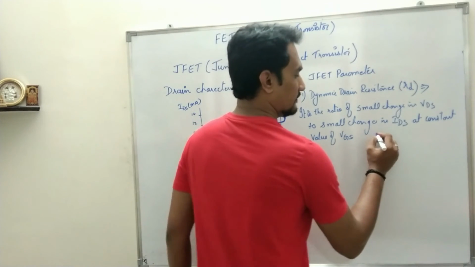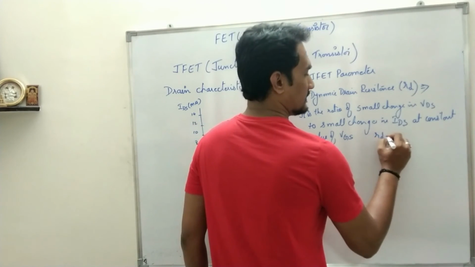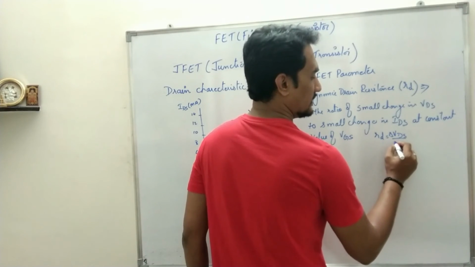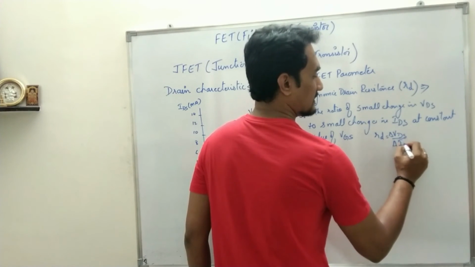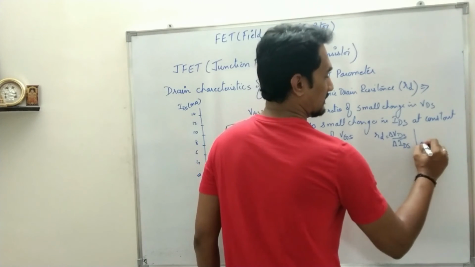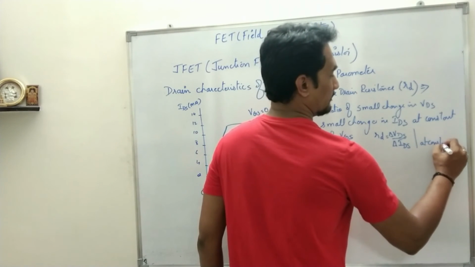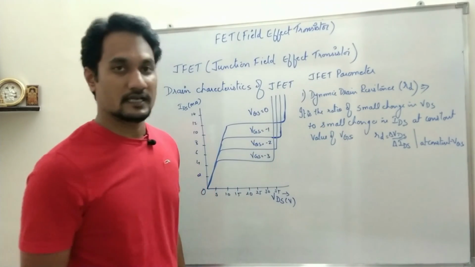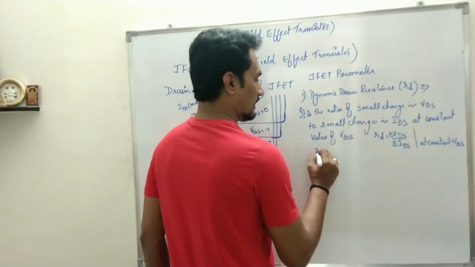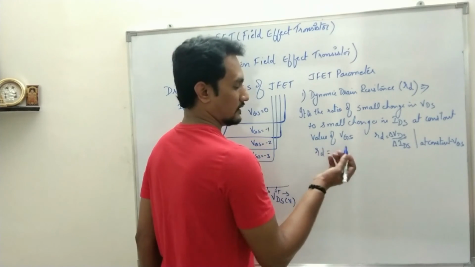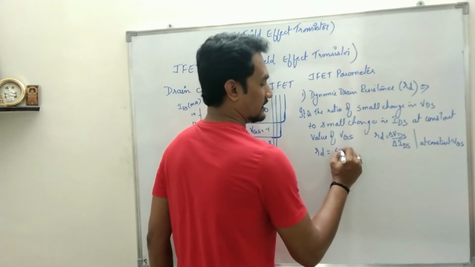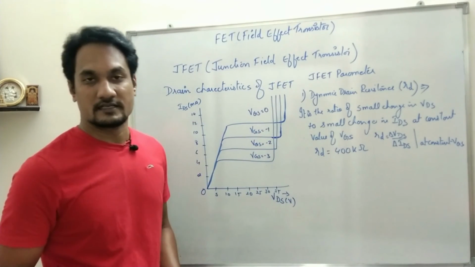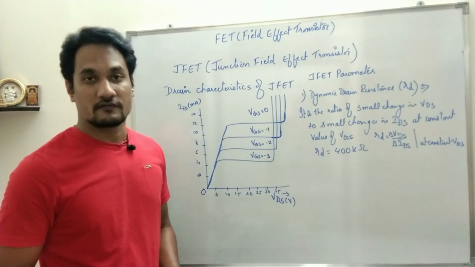So RD is given by delta VDS, the change in VDS, to the change in IDS at constant VGS. Typically RD for an N channel or a P channel JFET is around 400 kilo ohms. Basically it's the impedance of the circuit.